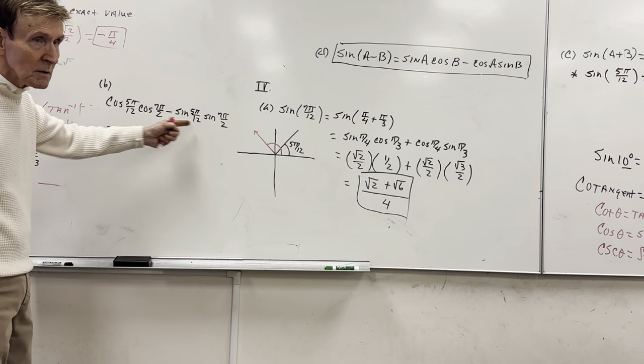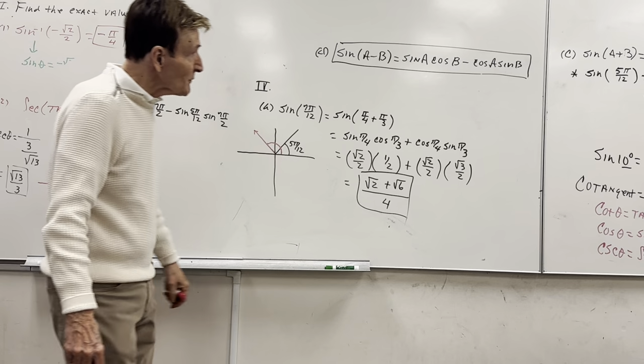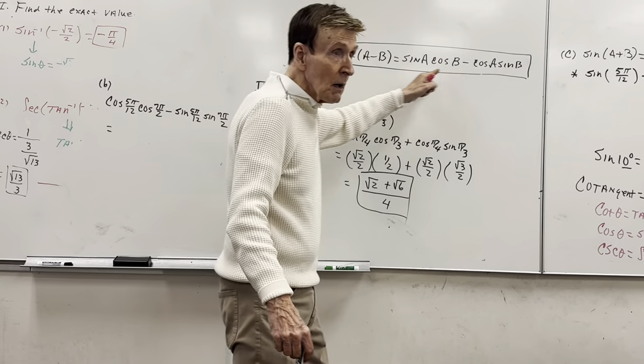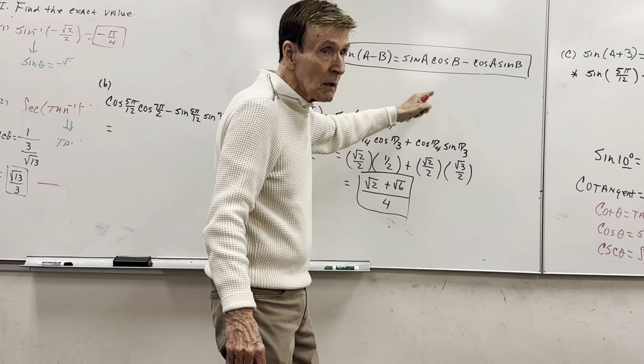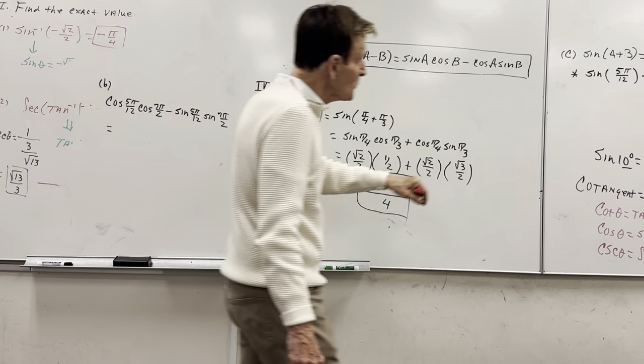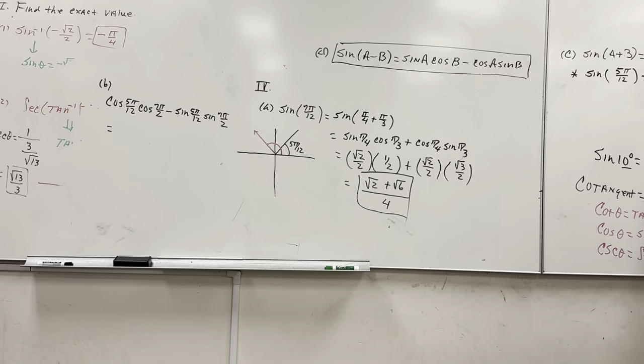Does it match up with this one right here? No. Does it match up with cosine? Does it match up with this one? No. Okay, does it match up? It's cosine A plus B. Was it down here? Yeah.